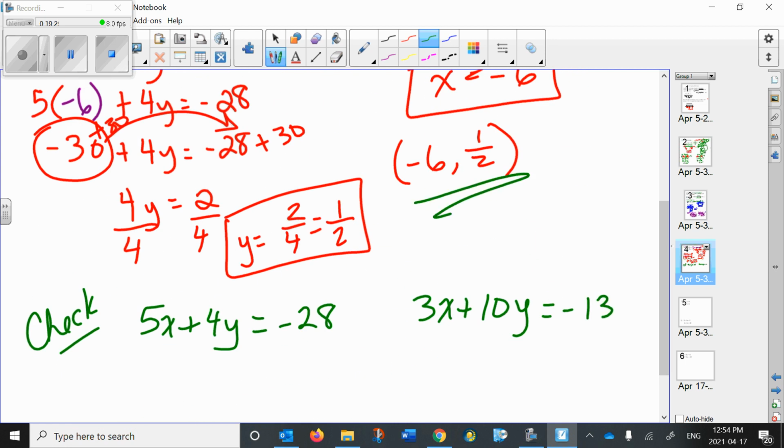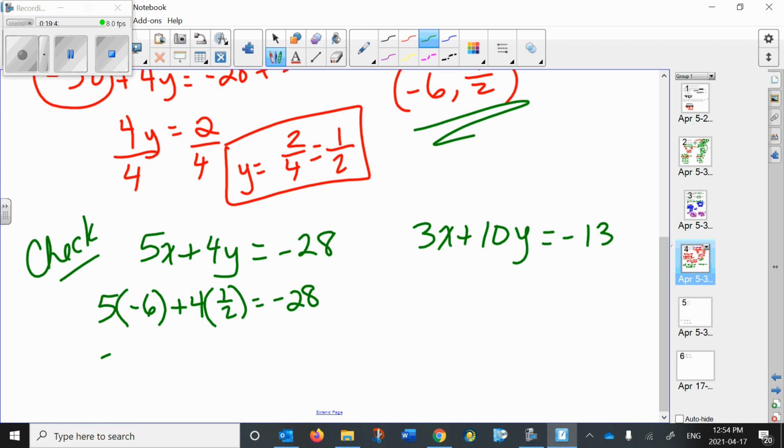We're going to plug these values in. So we're going to say 5 times negative 6 plus 4 times 1/2 equals negative 28. And we get negative 30 plus 4 times 1/2, which is going to give you 2, equals negative 28. And we're going to get negative 28 equals negative 28.